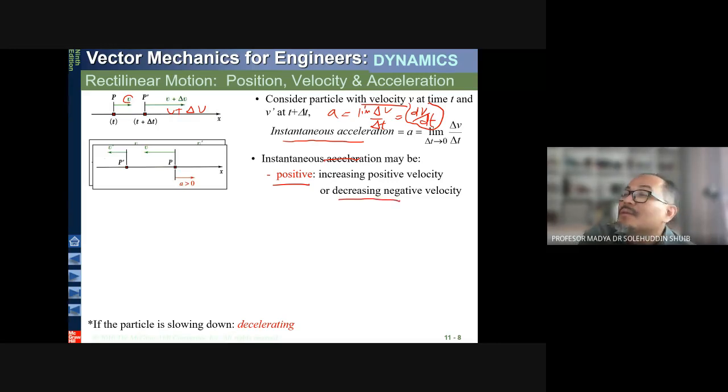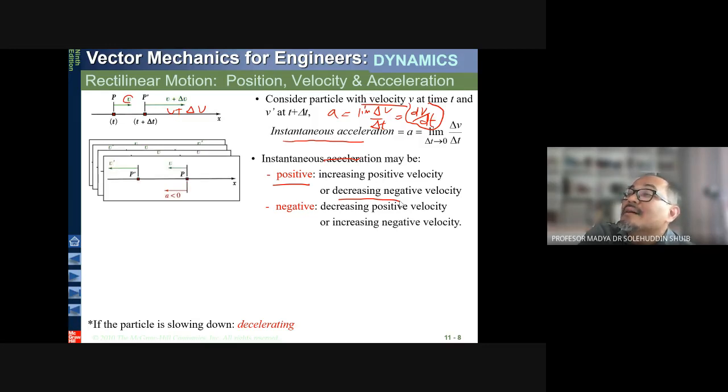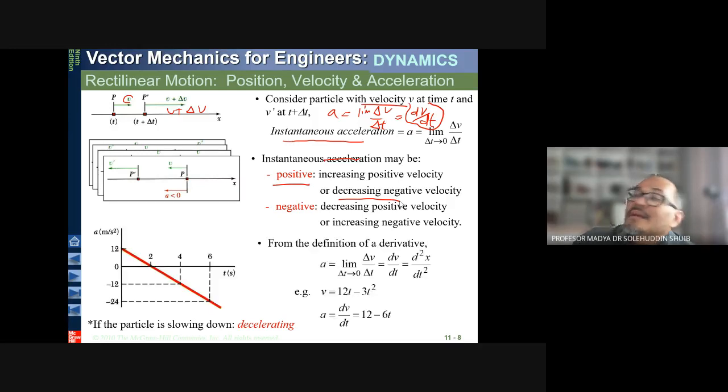Okay, so we're going to get decreasing negative velocity. Okay, decreasing. How about this one? Negative acceleration, positive velocity. There are a few other cases. And then this case, increasing negative velocity.